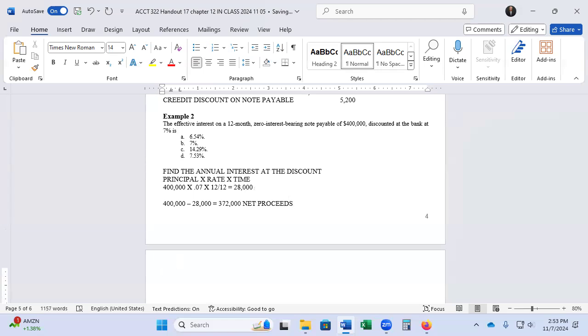And so what we do is we take the 28,000 interest, or interest rate, sorry, and we divide by 372,000. And that equals 0.0753 or 7.53%.